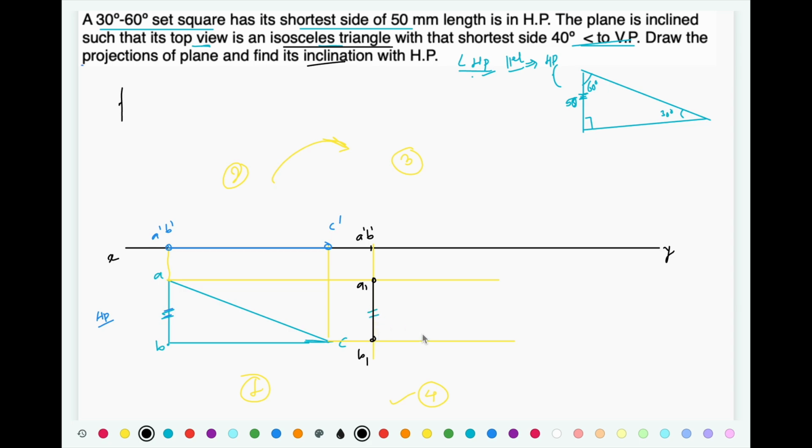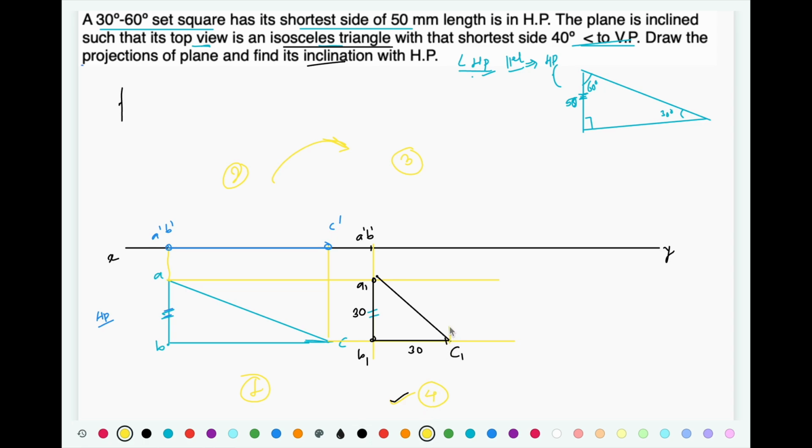So the isosceles triangle that I am going to draw in step number 4, one of the side is going to be 30 mm compulsory. If that side is 30 mm, so another side that I am going to draw, that also has to be 30 mm. So take the distance 30 mm and connect it with the A1, and that is going to be our top view.